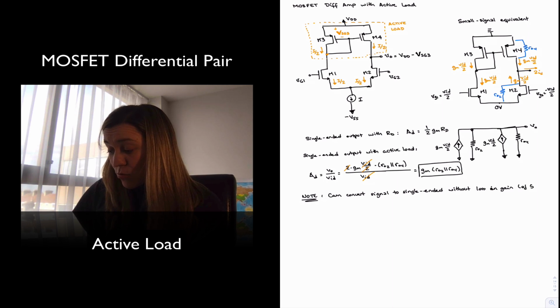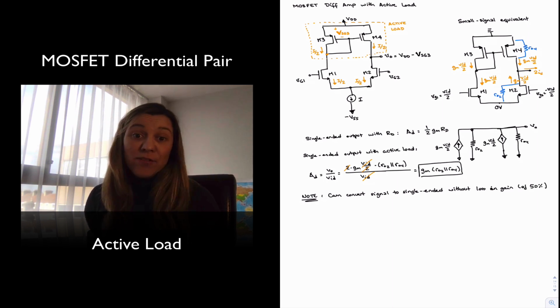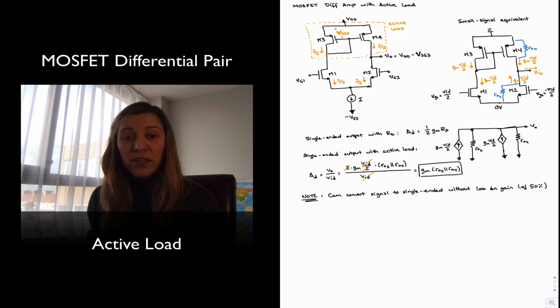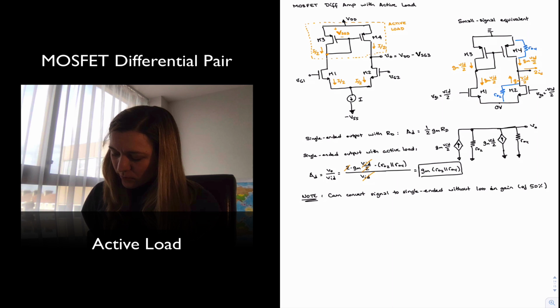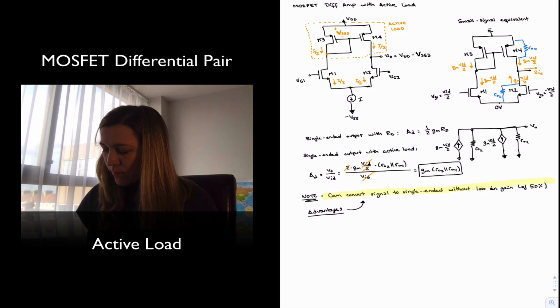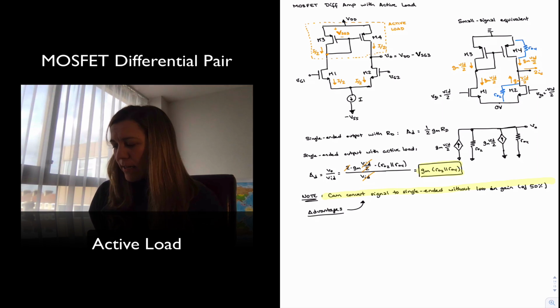And remember that the loss was actually, we were getting 1/2, so it's a loss of 50%. It was a large loss. So that's one of the advantages. So perhaps I should list advantages. That will be one of them. Can convert the signal to single-ended without loss of gain. Because that's my new differential gain now.